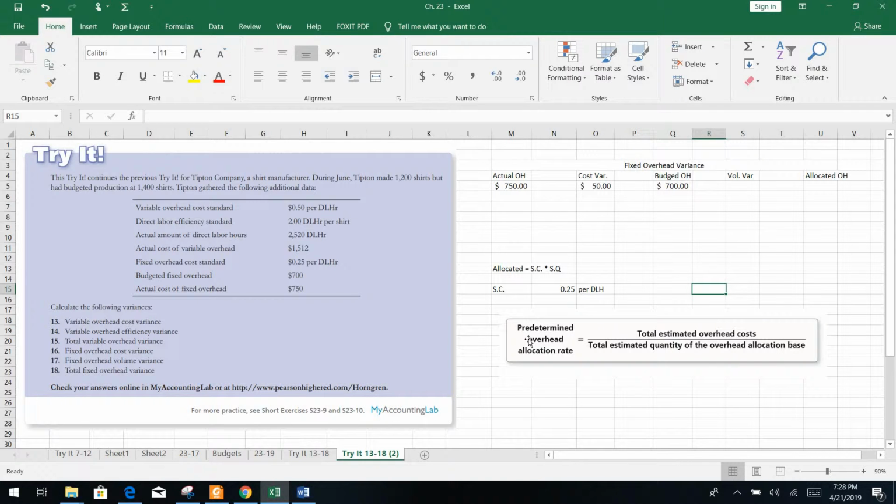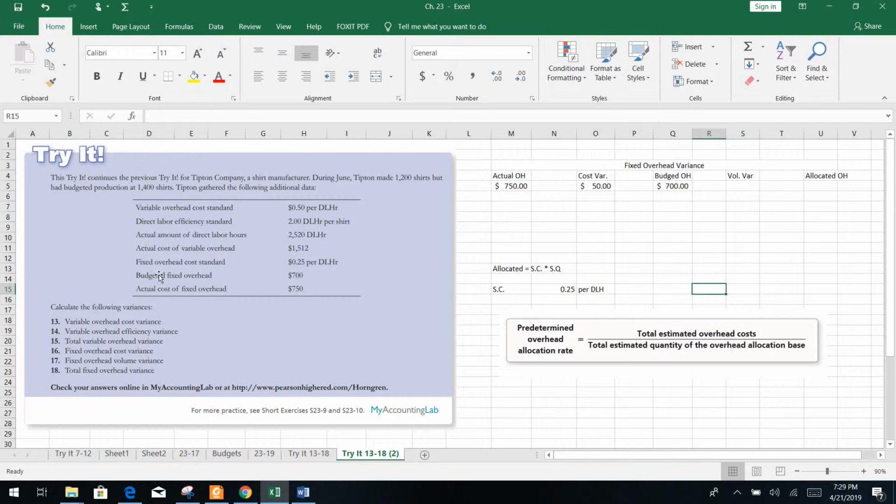Okay, so in order to calculate the standard cost, it is exactly the same as we did in chapter 17 for predetermined overhead allocation rate, except in this case we're just calling it SC instead of predetermined overhead allocation rate. And to do that, it's total estimated overhead cost divided by total estimated quantity of the overhead allocation base. So the only tricky thing, and it tripped me up for a little bit, is both of these numbers are estimated and estimated.